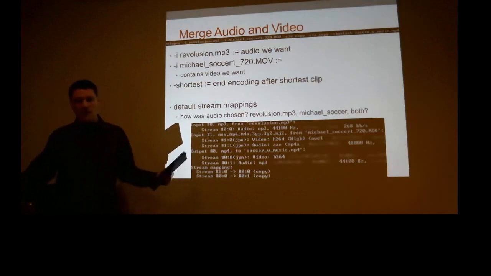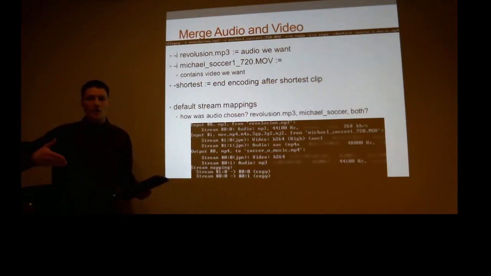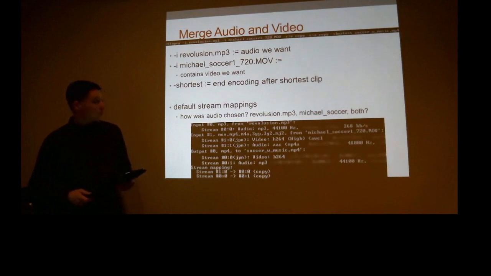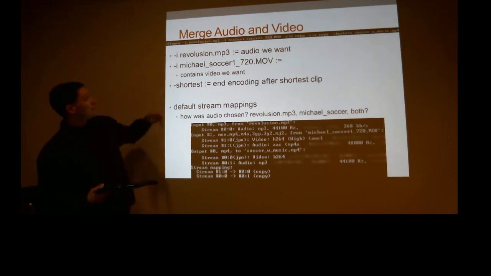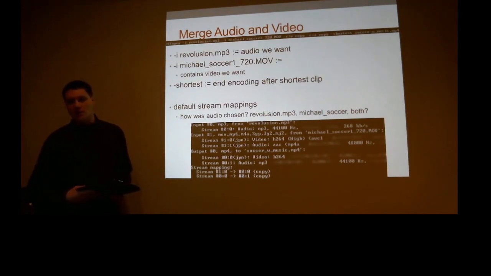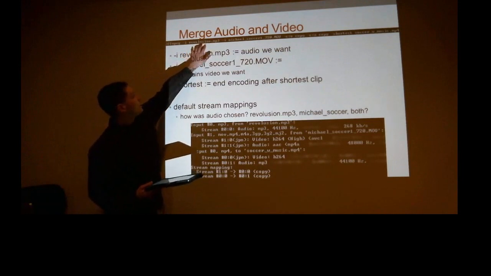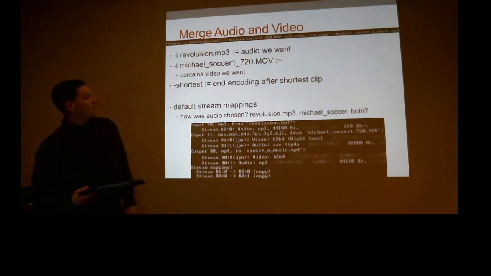A lot of times you want to take an audio file and replace the audio in a video file, so you want to merge a movie with a different audio stream. Here's a way that you can do that, and it's the first example of specifying two inputs to the FFmpeg command line. We specify an audio, a Revolution MP3, and a video, my son playing soccer.